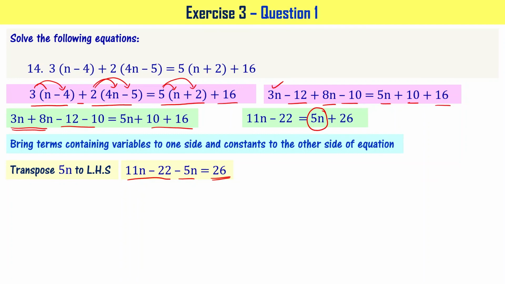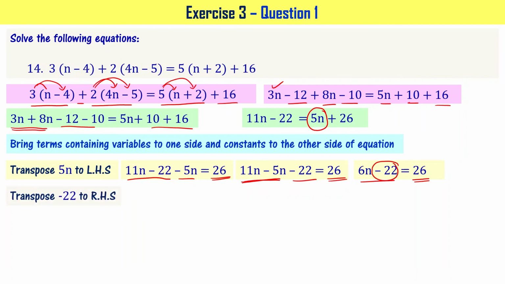Now let me rearrange this equation such that I can write it as 11n minus 5n minus 22 equal to 26. 11n minus 5n equal to 6n. So the equation becomes 6n minus 22 equal to 26. Now I can transpose minus 22 to the other side. When I do that, it becomes plus 22.